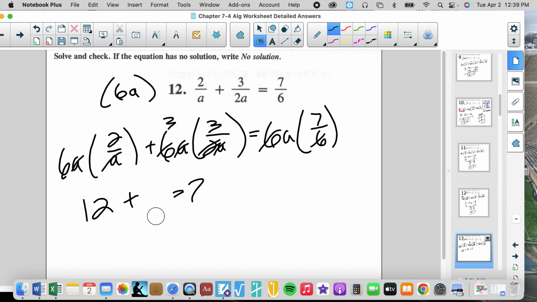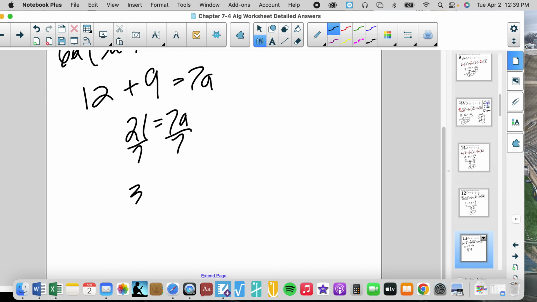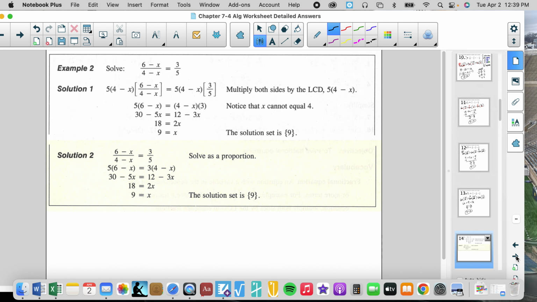That's a 9, not an a. 7a. That's going to give us 21 equals 7a. Divide by 7. So we can do this problem in less than 30 seconds. And that's going to give you a huge advantage. Huge advantage at your school.